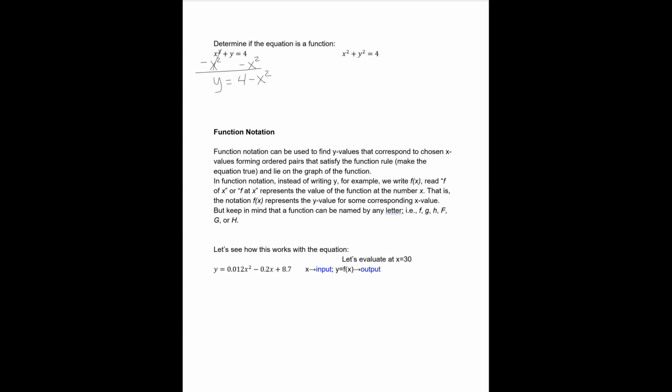Now, can you see here that y equals just one number? But that number is going to depend on what we assign to x squared.